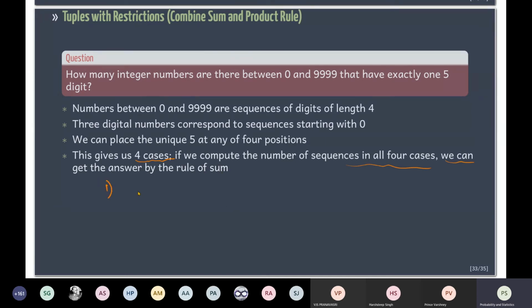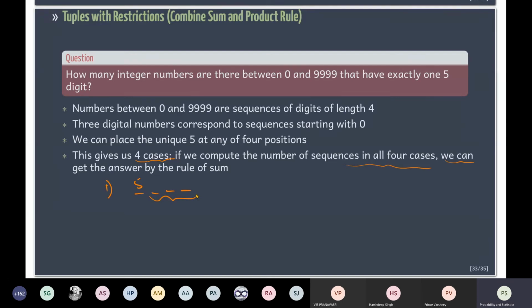The first case: this is a 4-digit number, and I put 5 in the first place. In the remaining places I have no restrictions, the only restriction is that I don't pick 5.